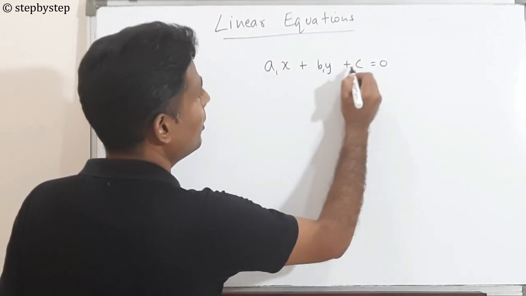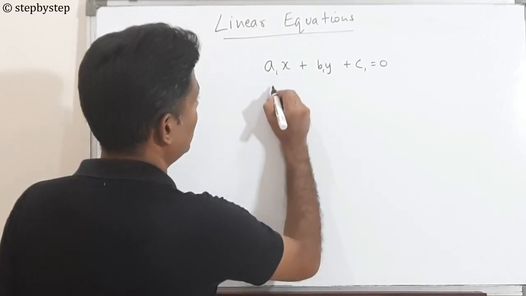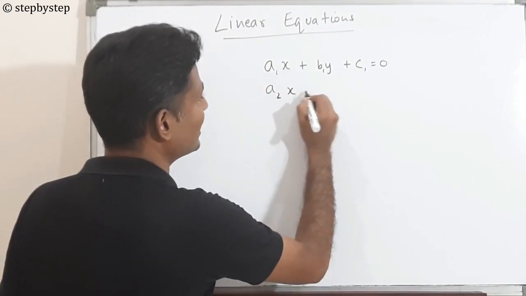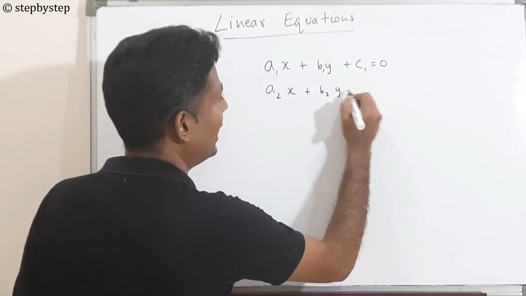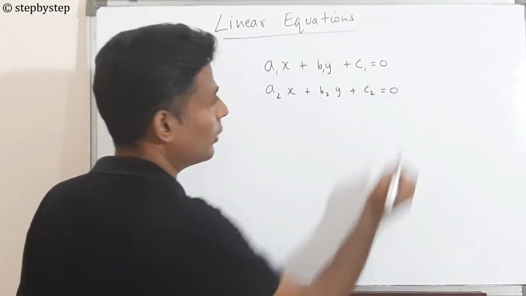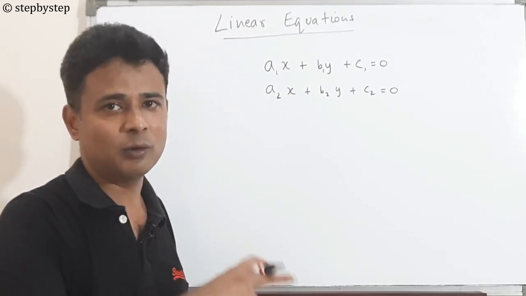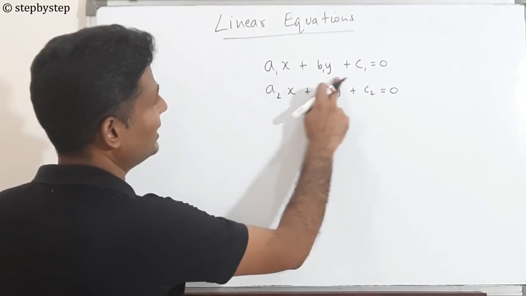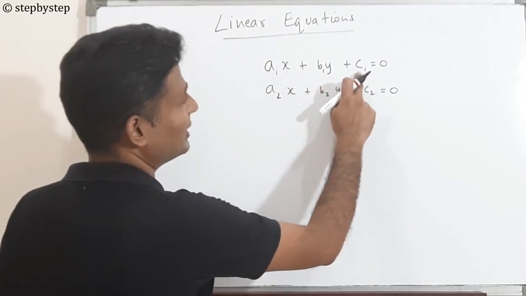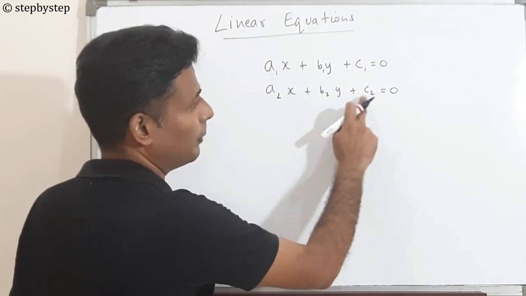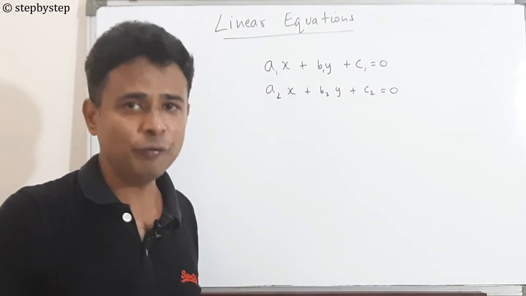We make this a1, b1 and c1, and the second one will be a2x plus b2y plus c2 equal to 0. Very similar to the polynomial, you remember when you had coefficients.